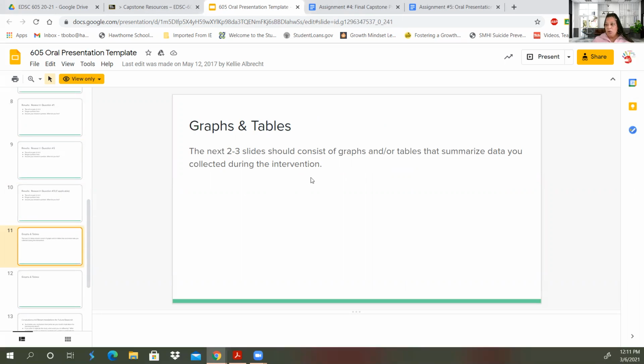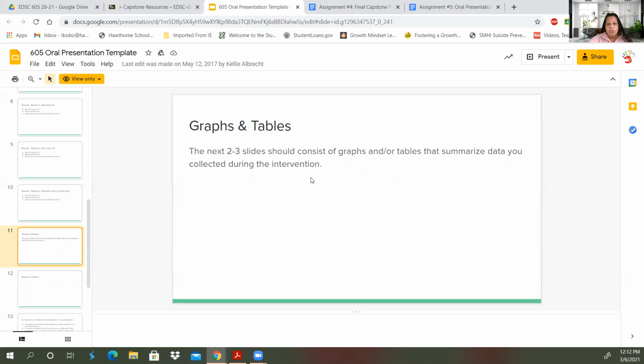Now, again, this was an old format, so we didn't really collect the data, but you would use the data that you found through your literature reviews or any additional questions that you asked. Maybe the group, it was an informal interview, if you did that.